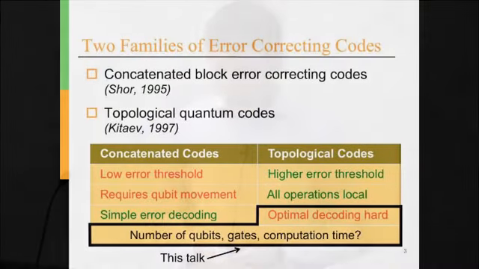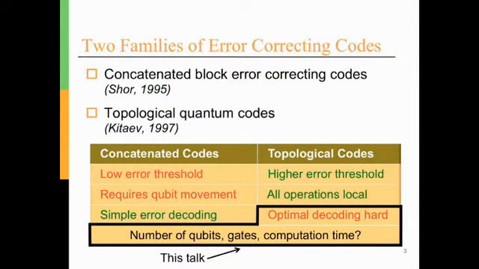Also, it is not clear which code is better in terms of number of qubits, number of gates, and in general the resources. And this is the focus of this talk. I'm going to address the issue of quantifying the resources needed to do error correction with these two code families. And also I will look at some ideas I have about simplifying the decoding for the topological code.